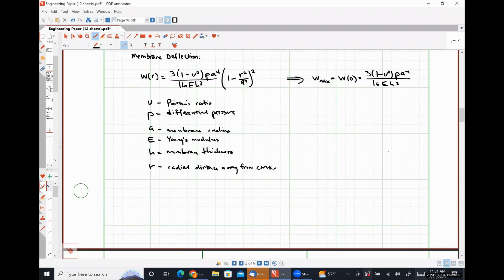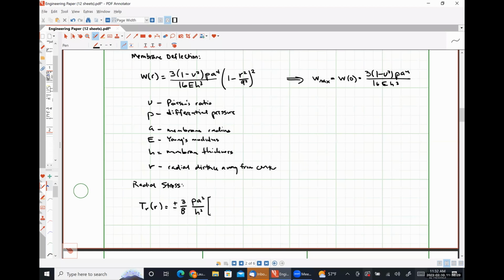So radial stress, TR as a function of radial distance, is given by plus or minus 3/8 times PA squared over H squared.